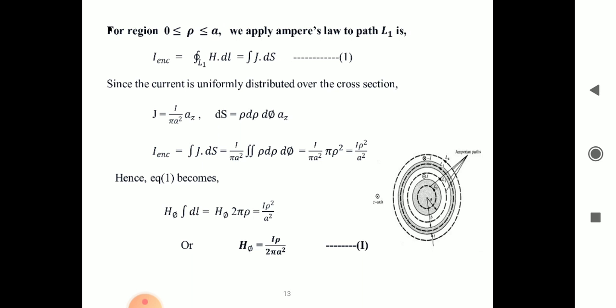Hence equation 1 becomes H phi times the integral of dl, where the integral of dl is 2 pi rho, equal to I rho square by a square. Therefore H phi is equal to I rho by 2 pi a square.